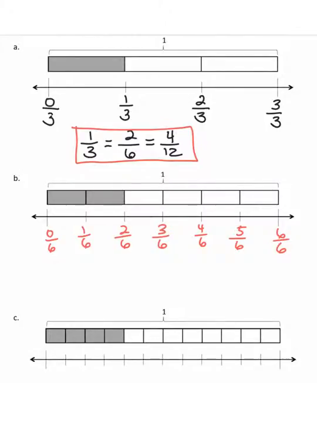Let's try the next one. The next one down here is broken up into 1, 2, 3, 4, 5, 6, 7, 8, 9, 10, 11, 12, and 4 is shaded in.